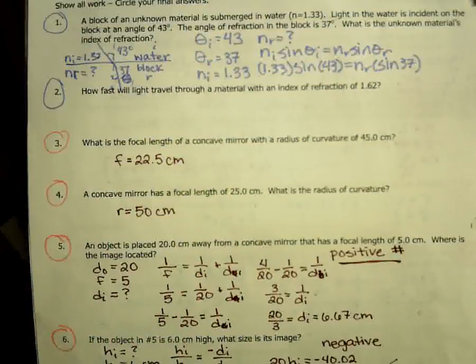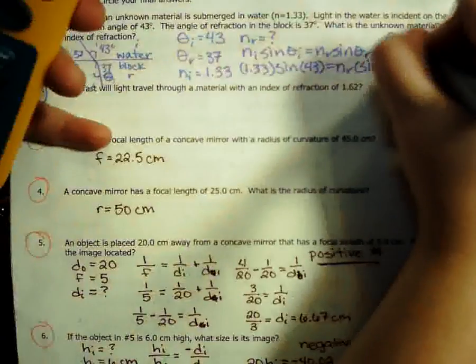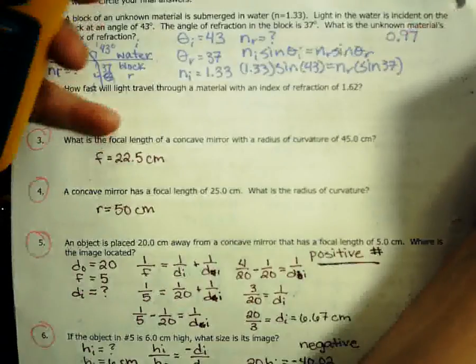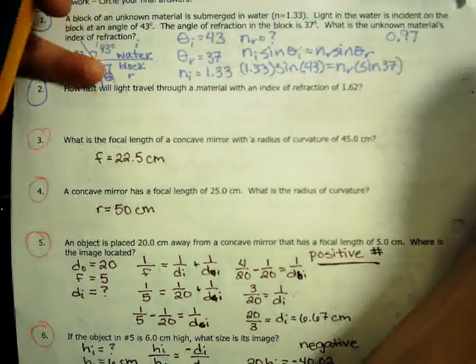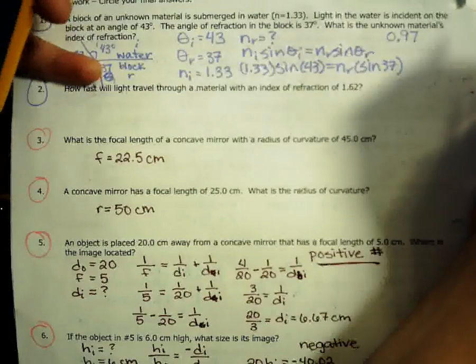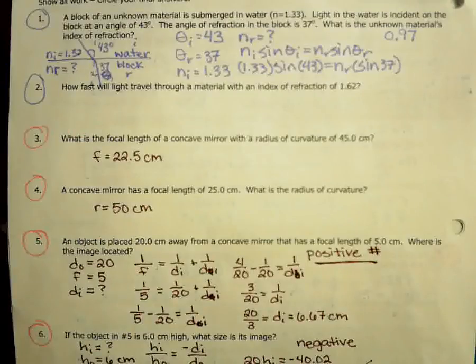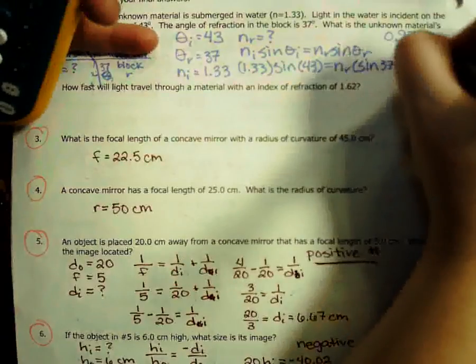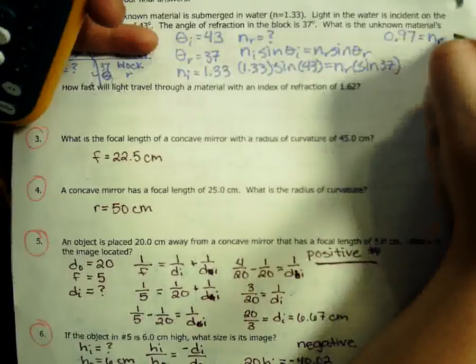Calculator, 1.33 times the sine of 43 is 0.97. Then the sine of 37 is 0.62.